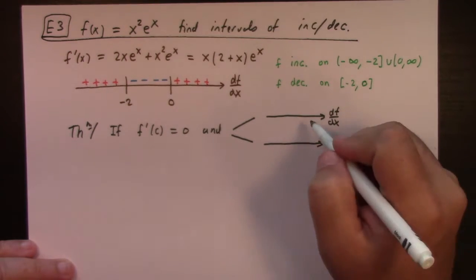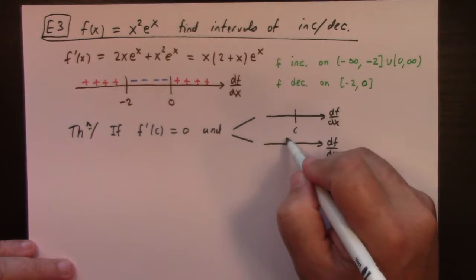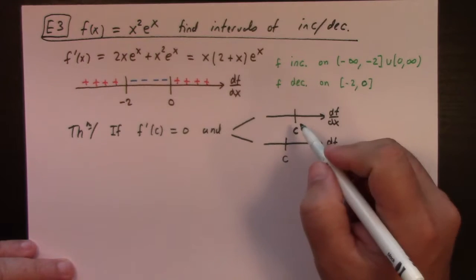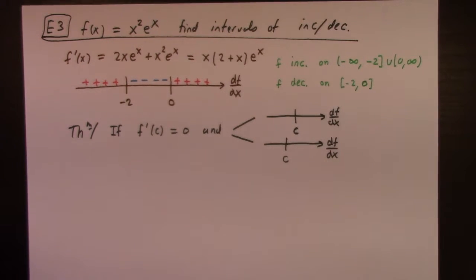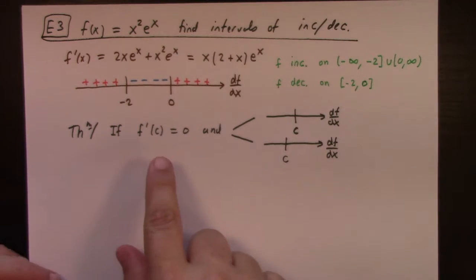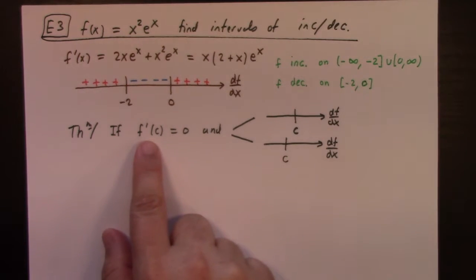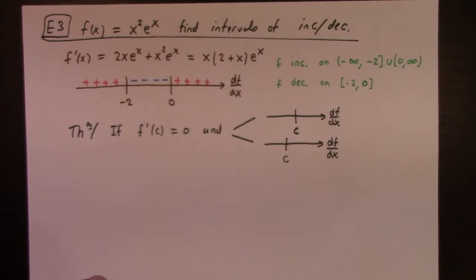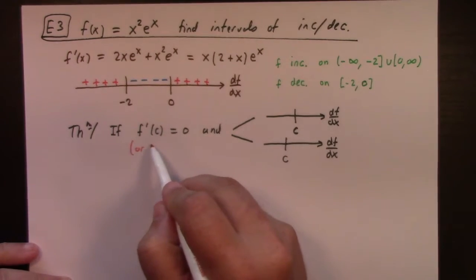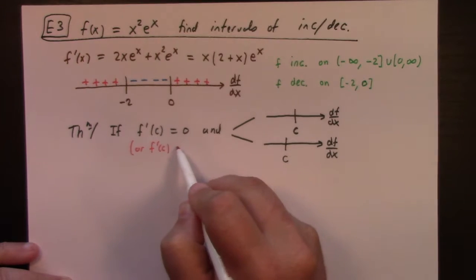So if you look at the sign chart, and you've got your critical number c, the other possibility is that f prime of c does not exist, right?